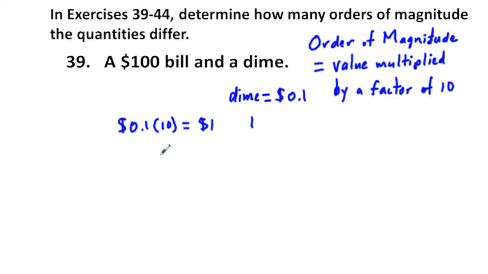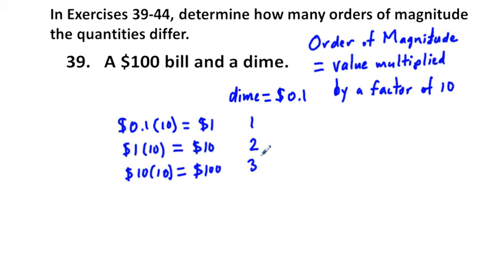And if we take this $1 and multiply that $1 by 10, we get $10. So we've gone to our second order of magnitude. I'll put 2 here for that. And then finally, if we take this $10 and multiply that $10 by a factor of 10, we get $100. So that's our third.